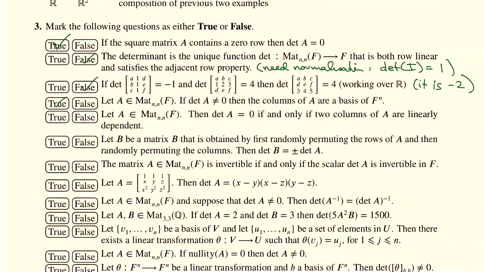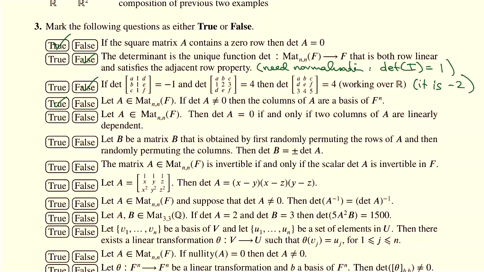The determinant of A is 0 if and only if two columns of A are linearly dependent. Sounds a bit right, but there's something suspicious, the two-column business. Because in R3, you could certainly have vectors where pairwise, any two are linearly independent, but the group of three of them is not linearly independent.